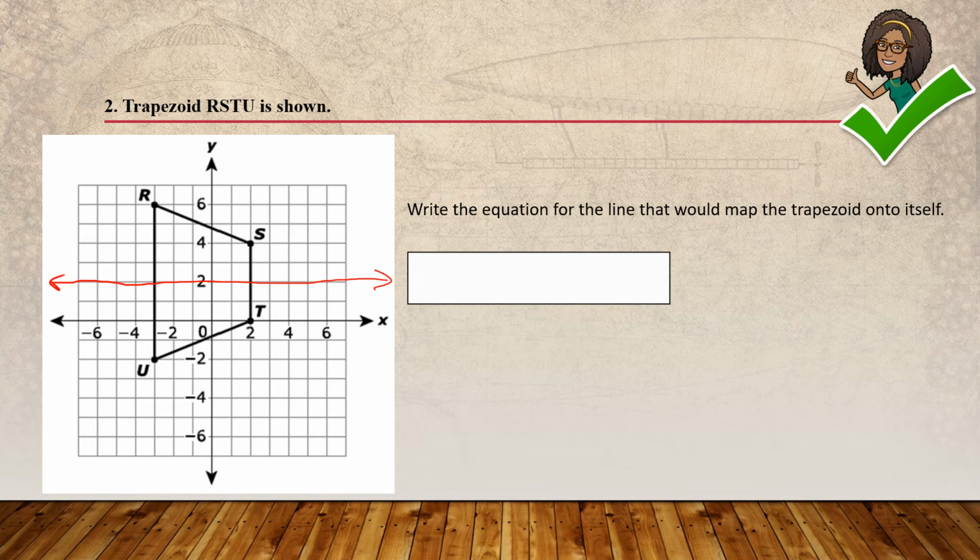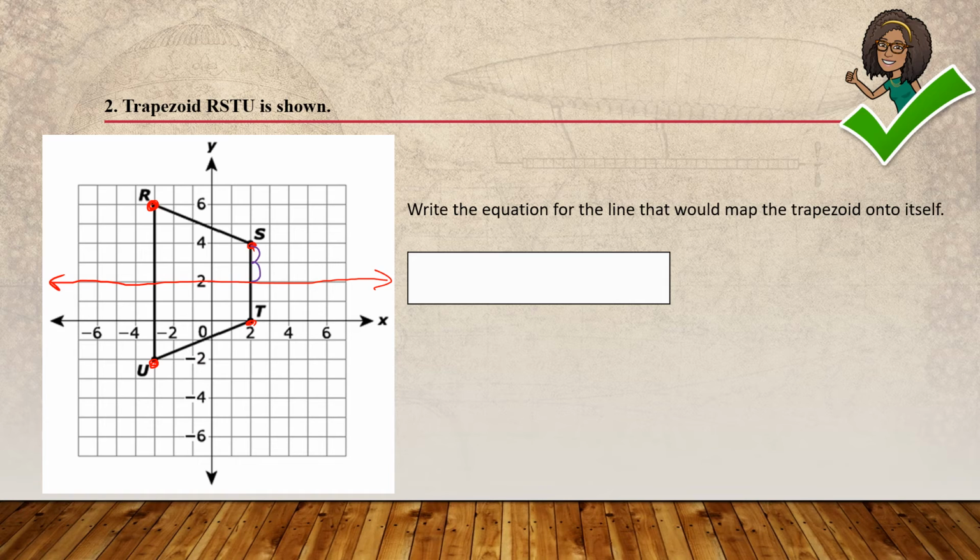So I would be mapping R over to U and S over to T. And I can see that this would be the line that would map this trapezoid back onto itself, because the line creates a bisector of the two sides, ST and RU, a perpendicular bisector, that is, because the line is equidistant from the reflection line.